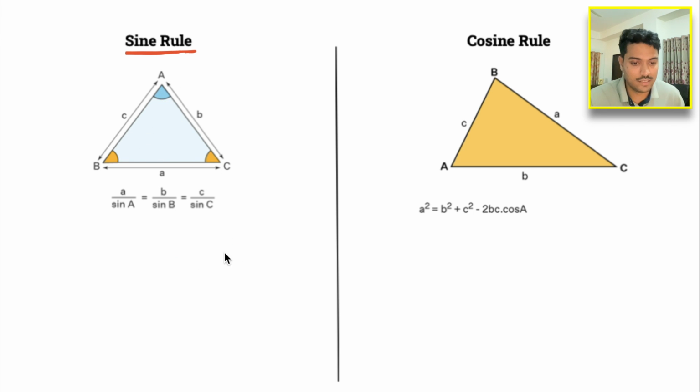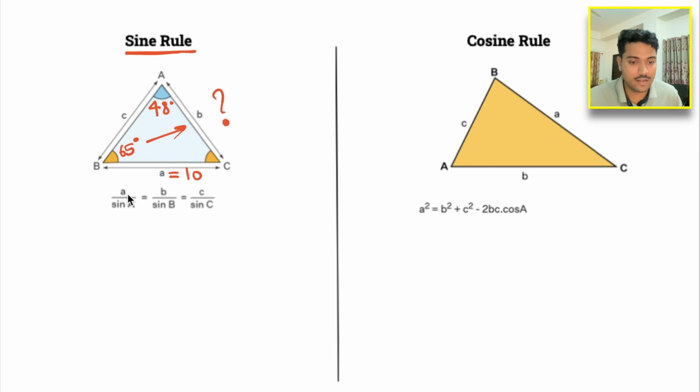But let's take an example to understand this better. For example, let's say this side a is 10 centimeters. This angle is, let's say, 65 degrees. This angle is, let's say, 48 degrees, and this length b we have to figure out.